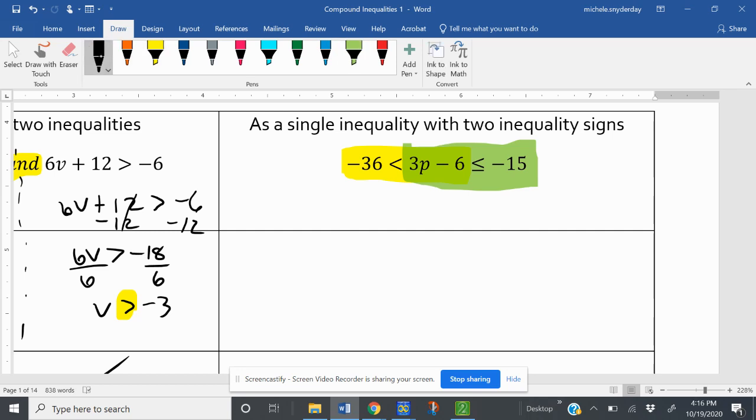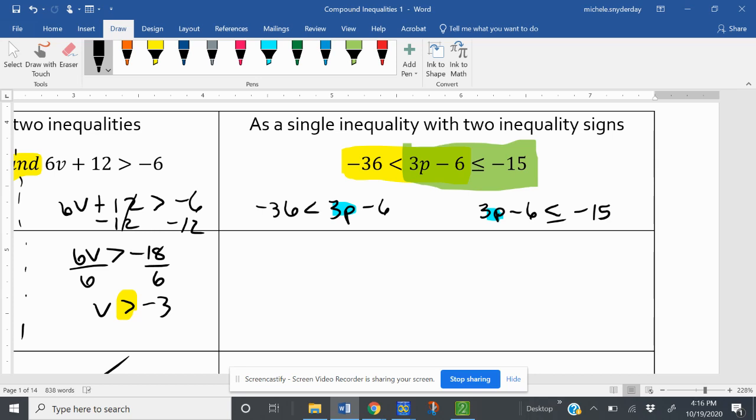So to write them individually, we would have negative 36 is less than 3p minus 6, and the other one, which is green, is 3p minus 6. Notice they have this section in common, is less than or equal to negative 15.